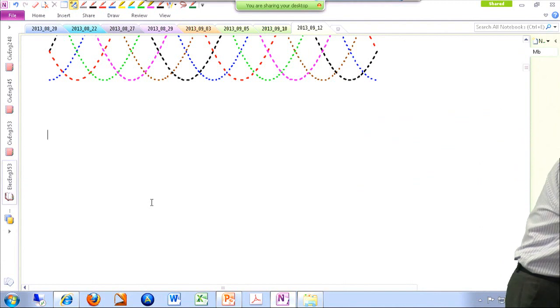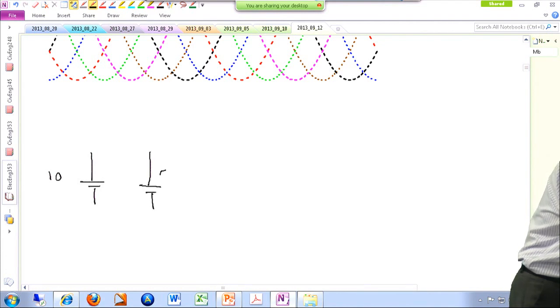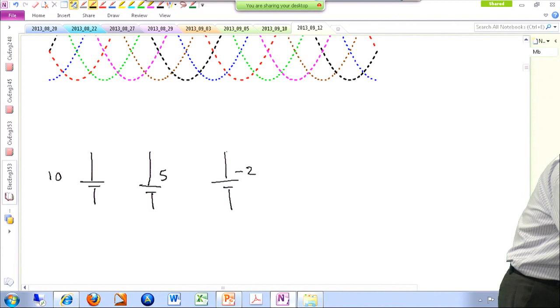Let's say we have a case like this. We have three sources. This one is 10 volts, and this one is, let's say, 5 volts, and this one is negative 2 volts.